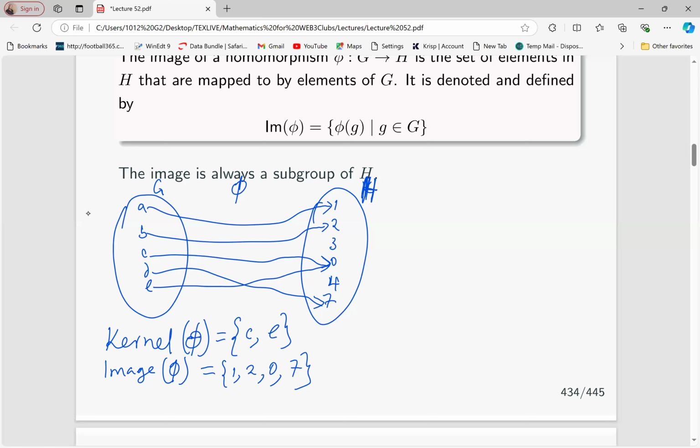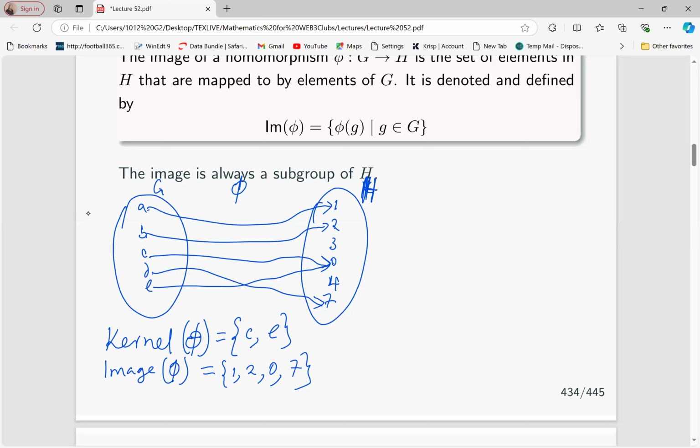The image, those which have been mapped to, is just like in English. In English, when we talk about the image of something, there must be an object and there's a mirror. So this object, you can see its image behind the mirror. For instance, I can see the image of A behind the mirror. The image of A is 1. The image of B I can see is 2. The image of C is 0. The image of D is 7.